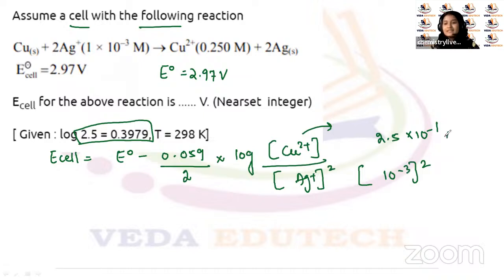This is 10 to the power minus 6, so this is going to be 10 to the power 6, and we get 2.5 into 10 to the power 5.